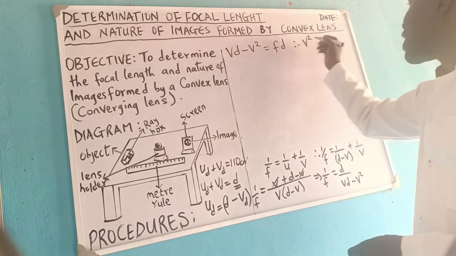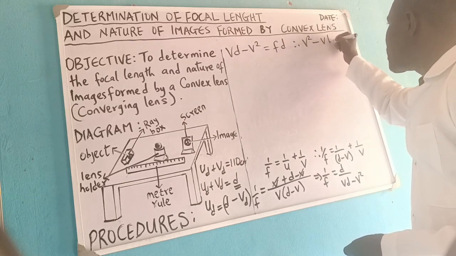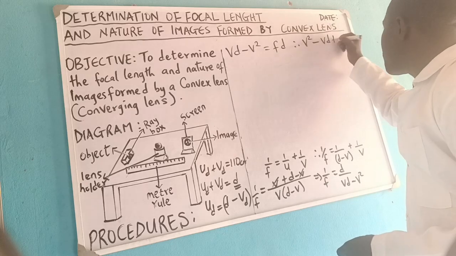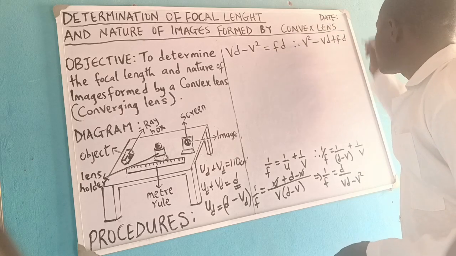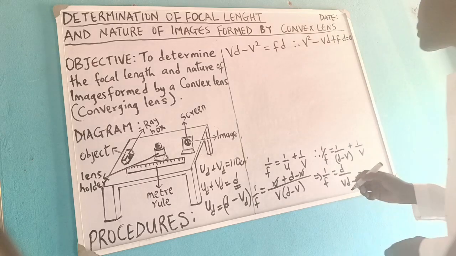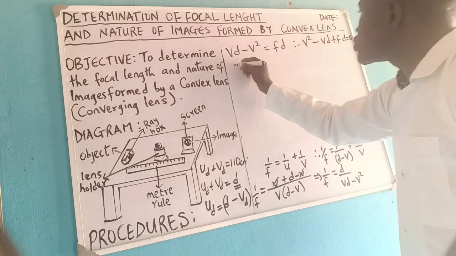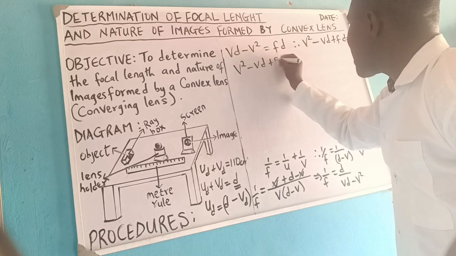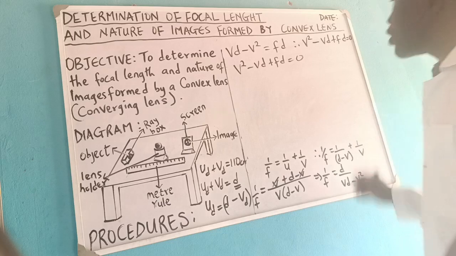Then this comes to this side as minus vd. Then this one will remain here, plus fd. Then we say is equal to 0. That means we should be solving v squared minus vd plus fd using what?